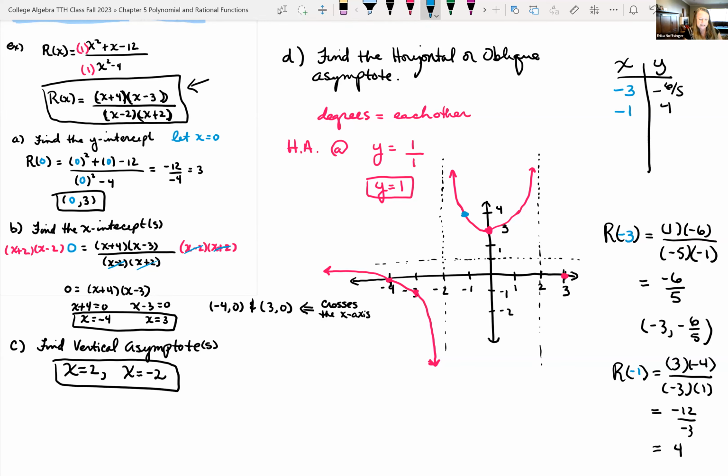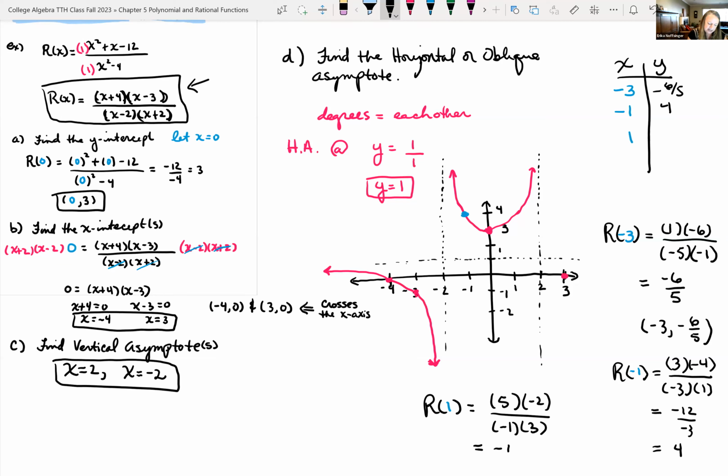I could do the exact same thing then, plugging in +1. So I would have r of 1. 1 plus 4 is 5. 1 minus 3 is -2, all over 1 minus 2 is -1, and 1 plus 2 is 3. Just plugging it back in for x in my factored form.